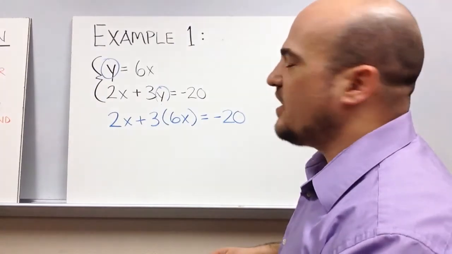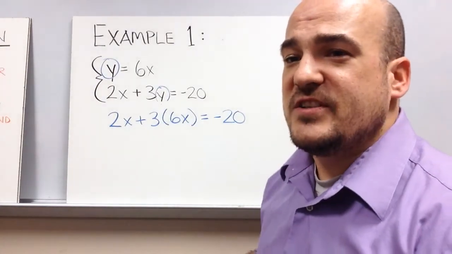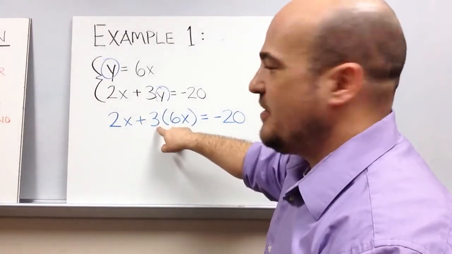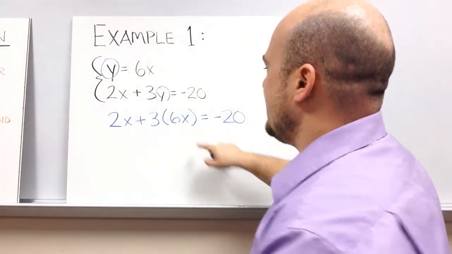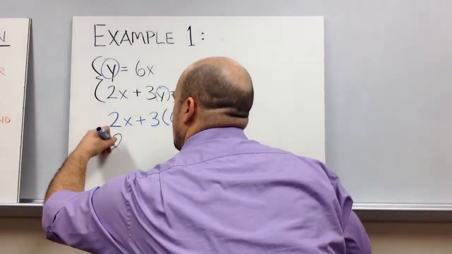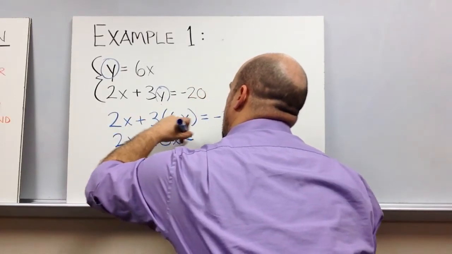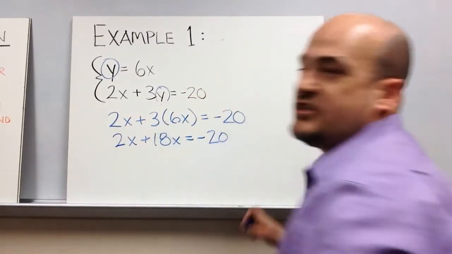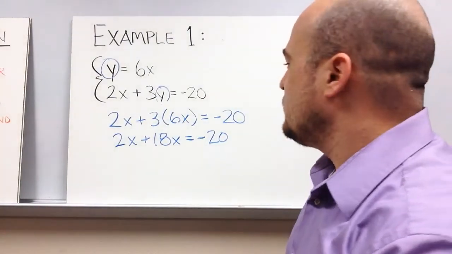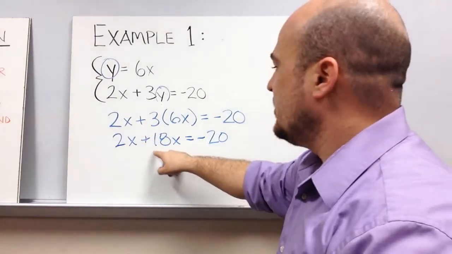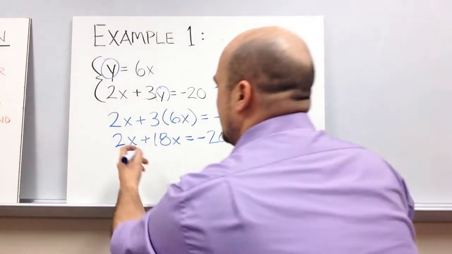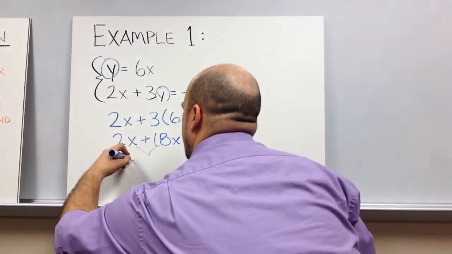Okay, now we can use our order of operations and solve this thing out. I need to distribute this 3. 3 times 6x is 18x. So I've got 2x plus 18x equals negative 20. Now I can combine like terms. I've got a 2x and an 18x, so I can combine those together.